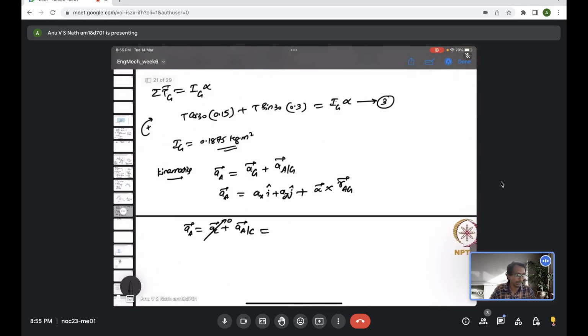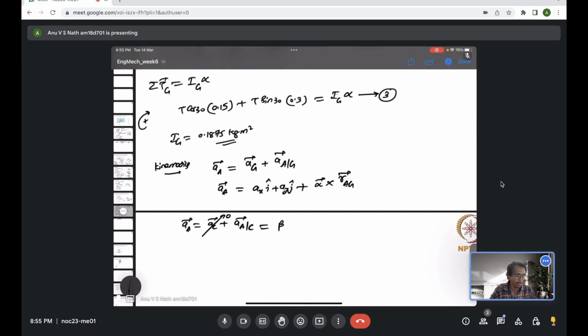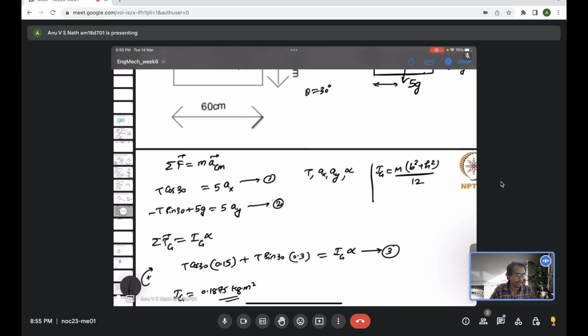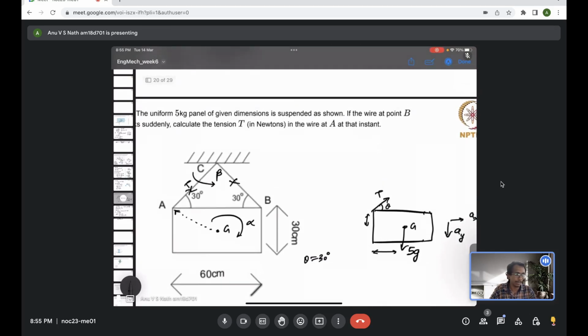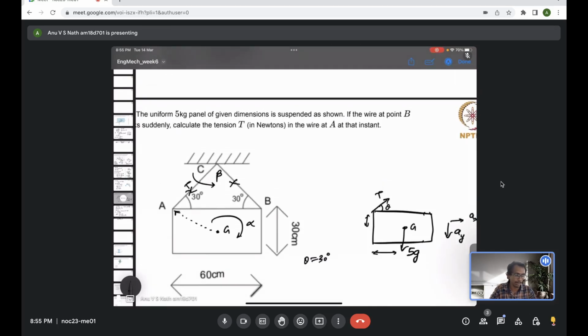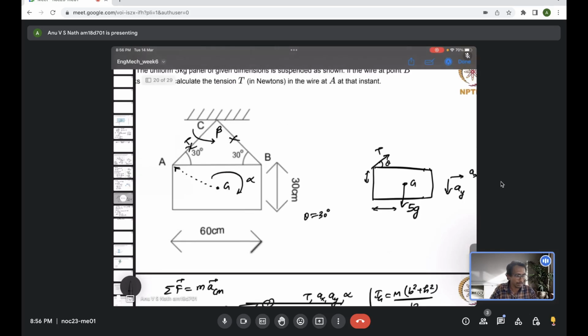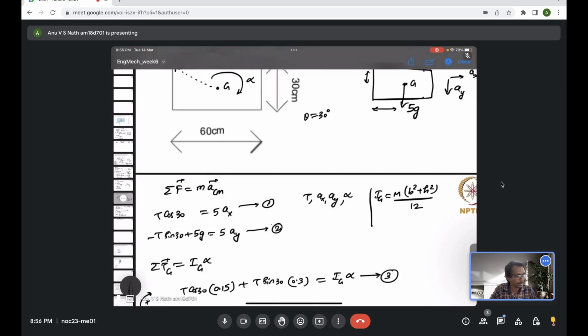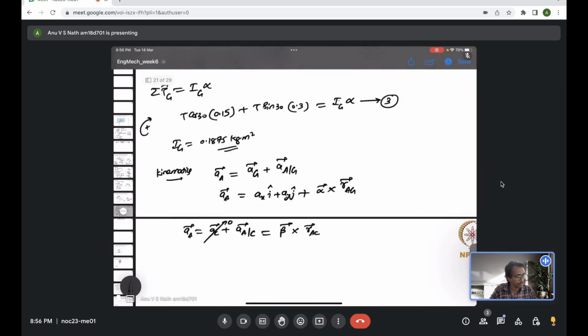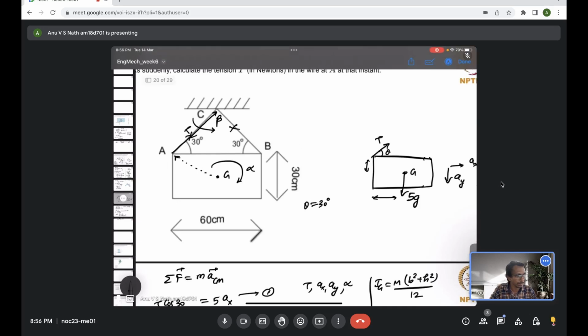So you will just have beta, which we chose to be the rotational acceleration for the string, beta cross RAC, where RAC is this vector. RA relative to C, so the point should be this way. So this is RAG, this is RAC.